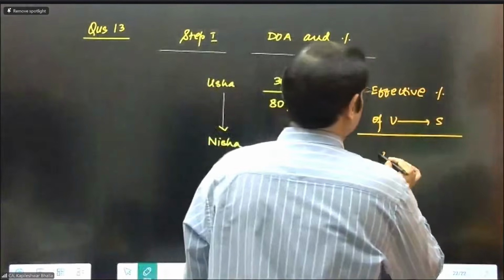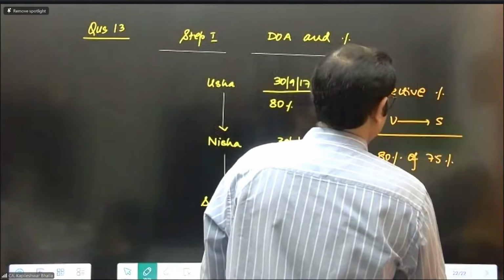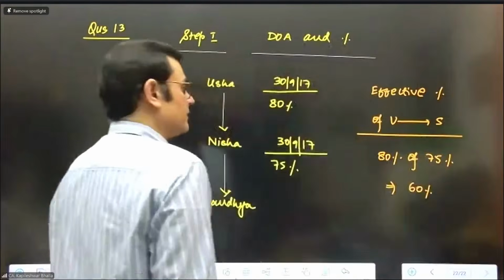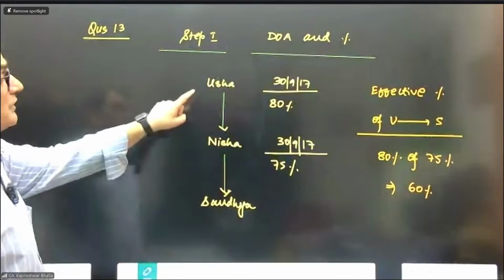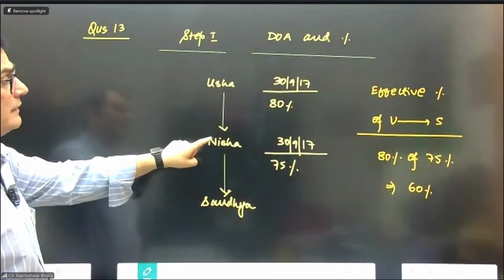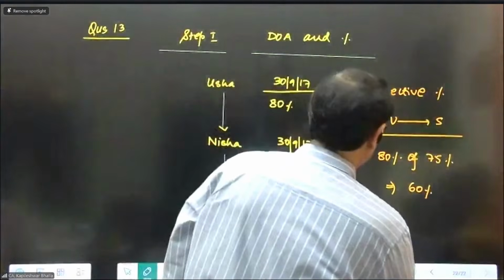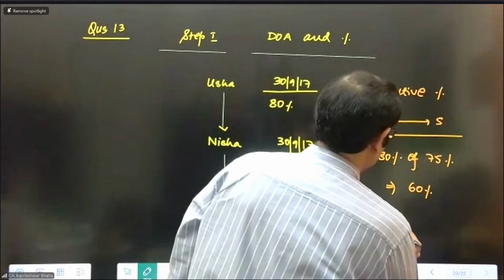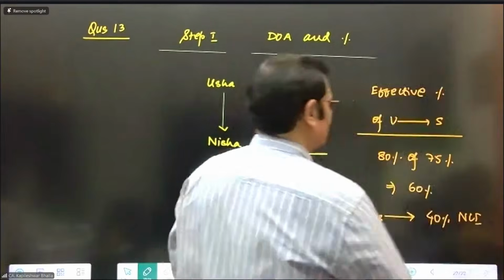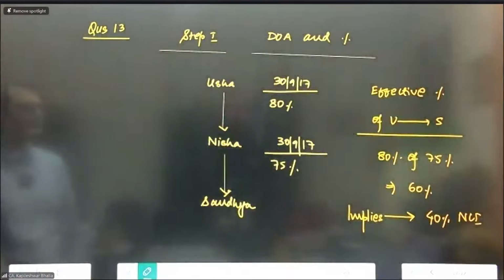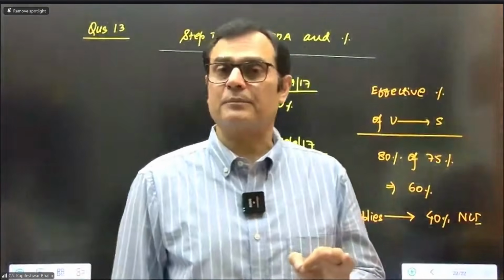So when you take 80% of 75%, this works out at 60%. Because the consolidation is all from the Usha's perspective. So you need to see that what is the percentage Usha got in Nisha and Usha got in Sandhya, which also indirectly implies that 40% of the stake is belonging to the NCI. Right. So that is the only special addition which comes in terms of step number 1.